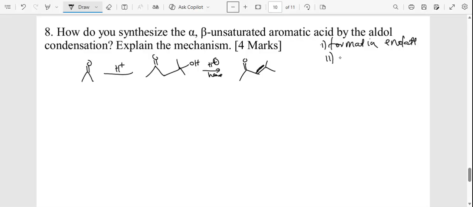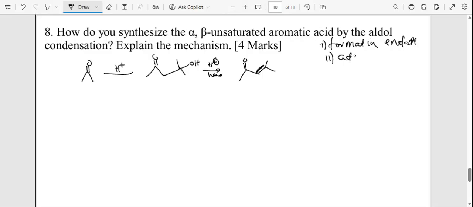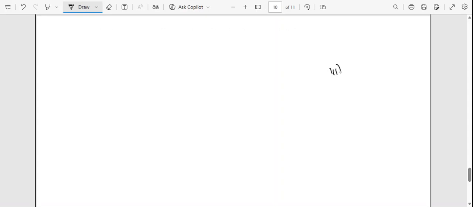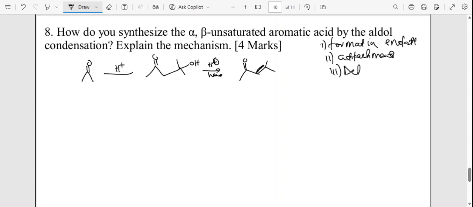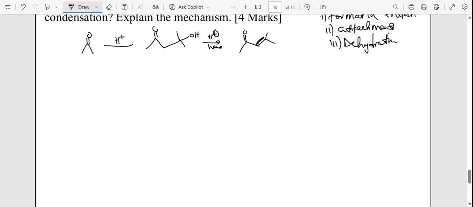So we attach, let me just say an attachment, sometimes it won't be a ring. Then from there, dehydration. So these are the basic steps. So let me show you the mechanism now.